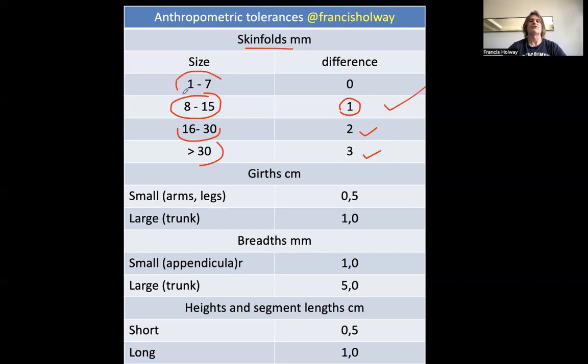Say if you have a skin fold of 5 and another one of 6 millimeters, the technical error will say, okay, that's no good. There's too much error. So when you have very small skin folds in the 3, 4, 5, 6, 7 region, I would suggest taking additional measures until you find 2 that don't differ between each other, okay?